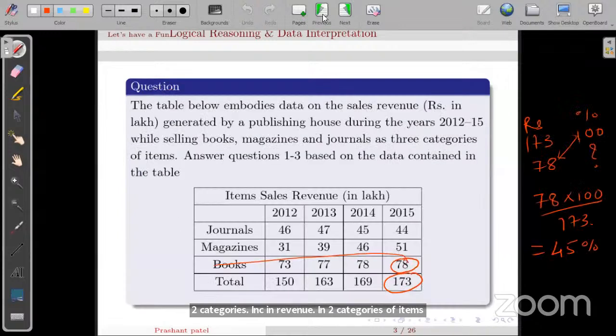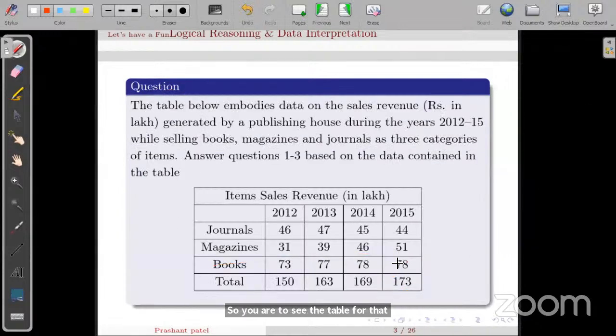So you have to see the table for that. Okay, and just try to see in 2 categories of items where we have an increase.